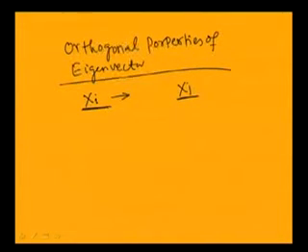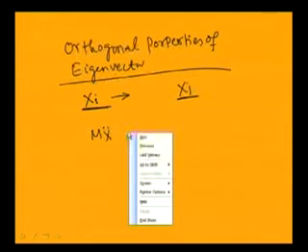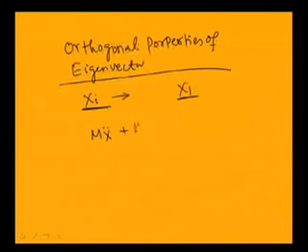Already we know that the equation of motion can be written in the form m x double dot plus k x equal to 0.